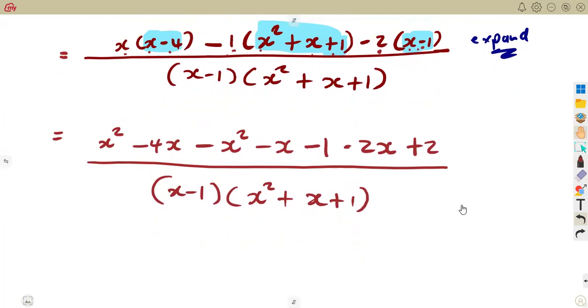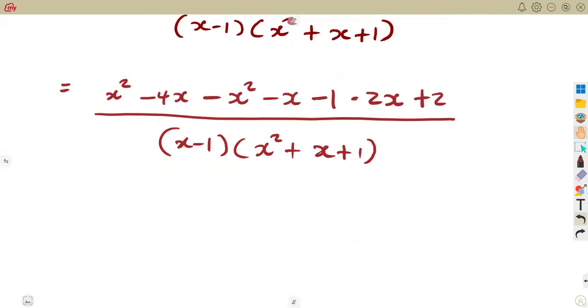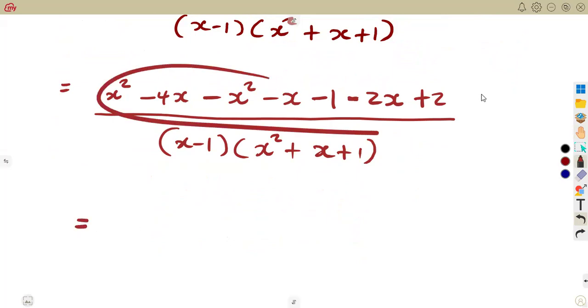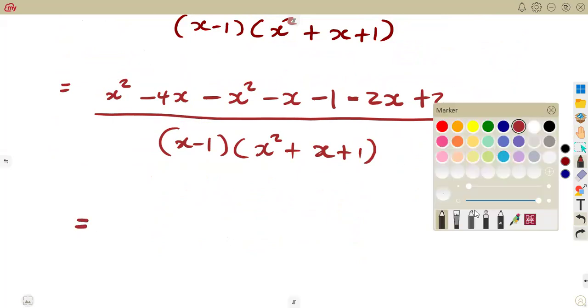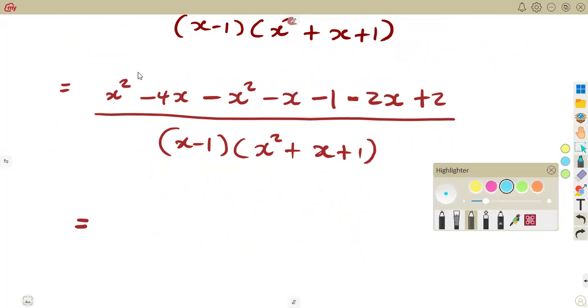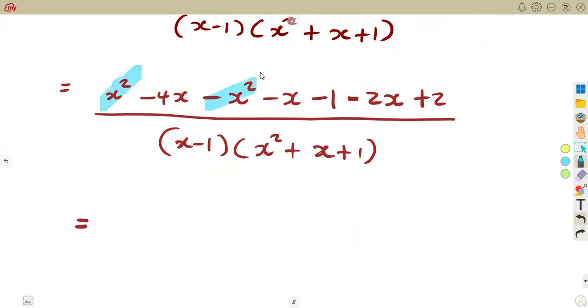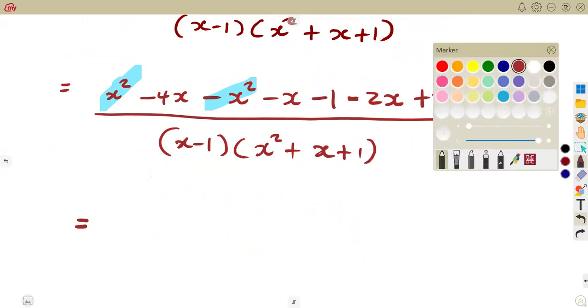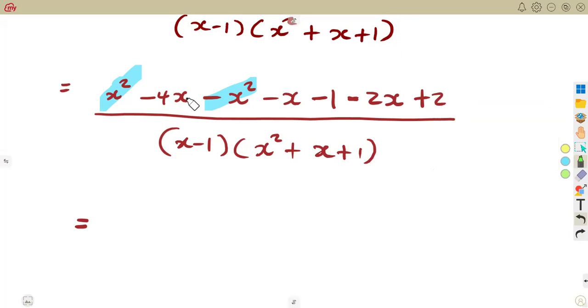So you managed to expand. Now let's simplify by collecting the like terms. In the numerator, we've got the x squared here and minus x squared, which cancel. Let's move on to the part of x. There is a minus 4x here, there is minus x, there is minus 2x.